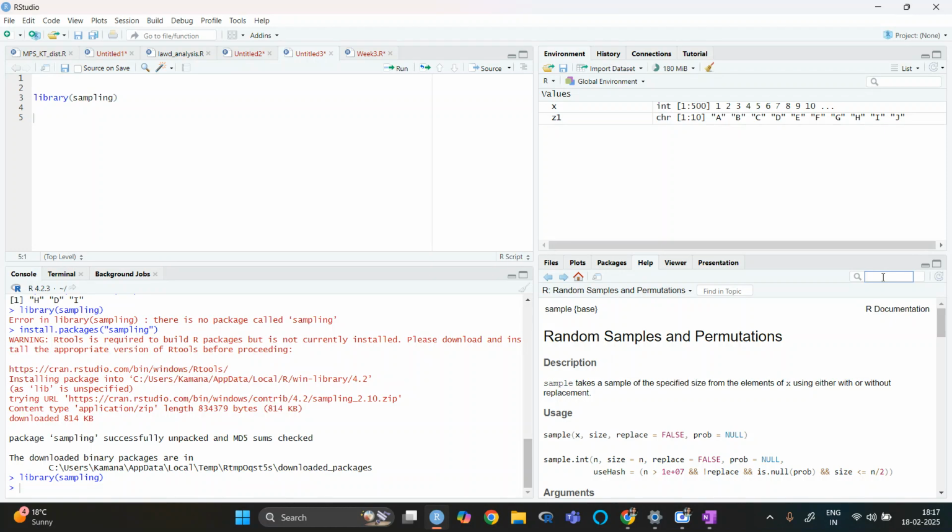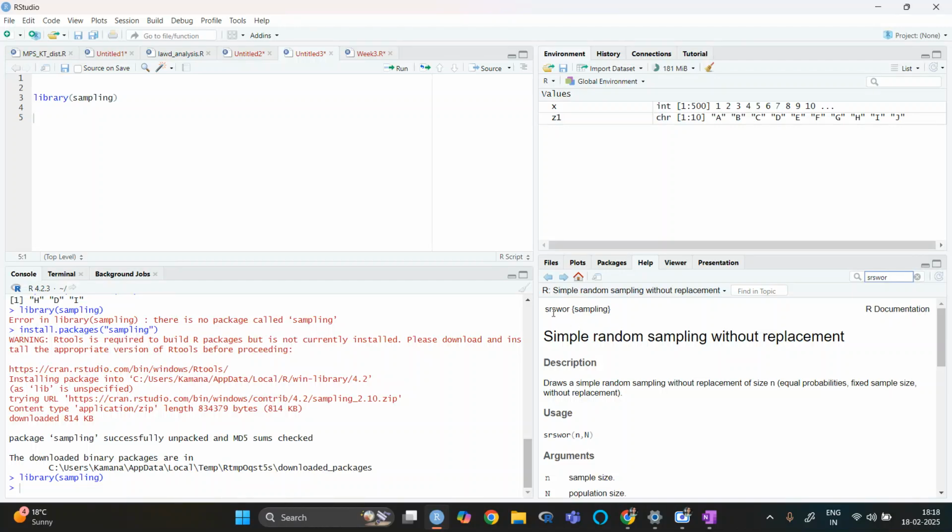Or we say that the function which we want to use, SRSWOR, right now you can see SRSWOR and SRSWR, but if you start it again, then it will not show because it is not in the base package. So for SRSWR we need to require this sampling library. So whatever is not in the base, for that we need to take the library.